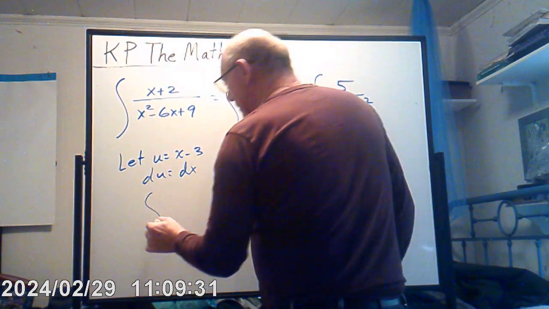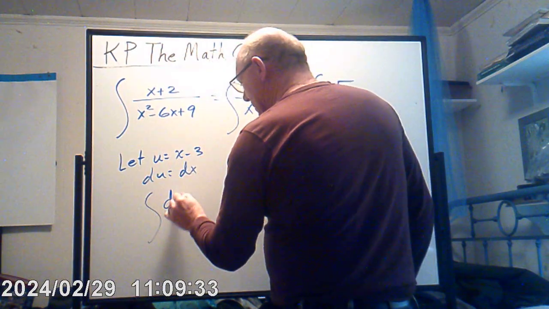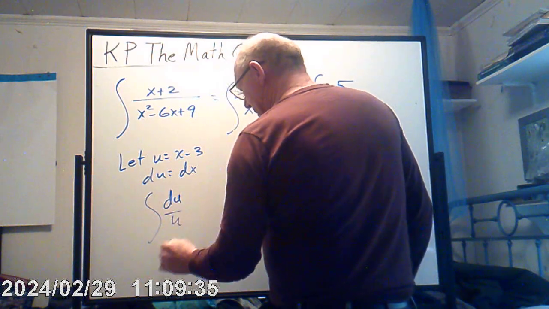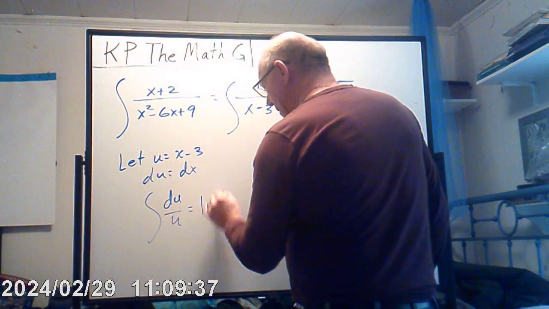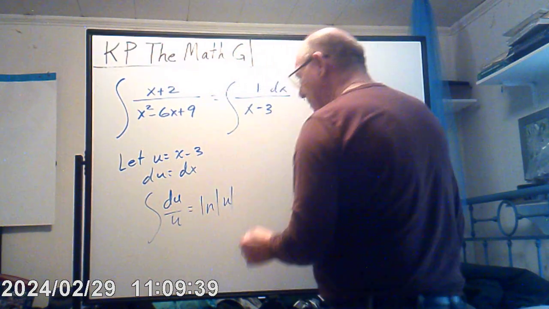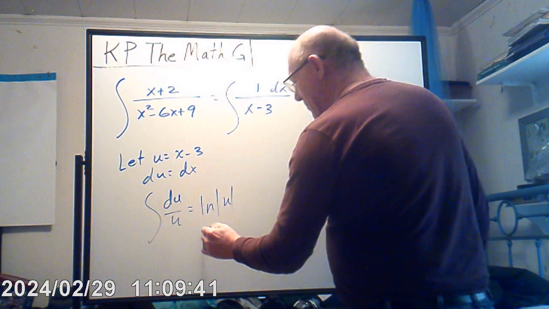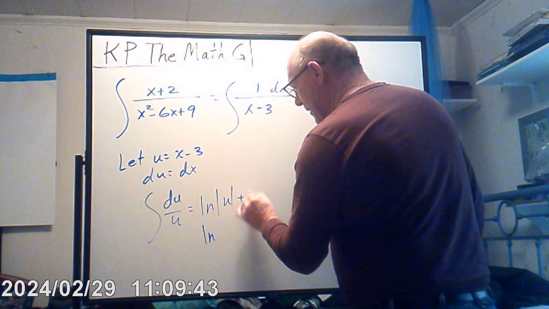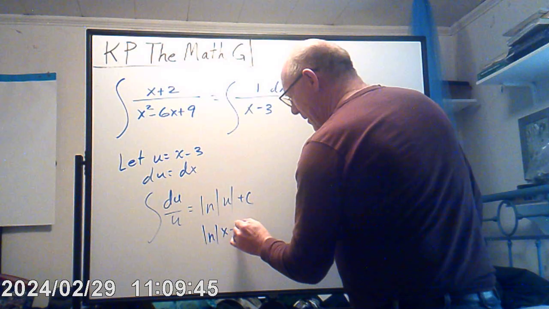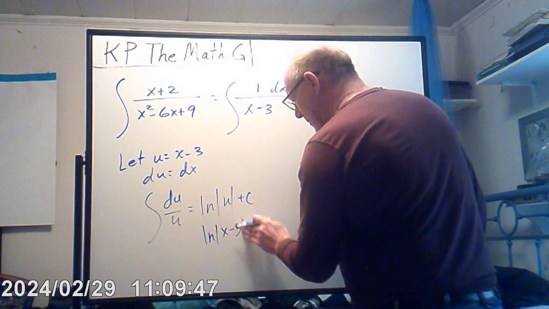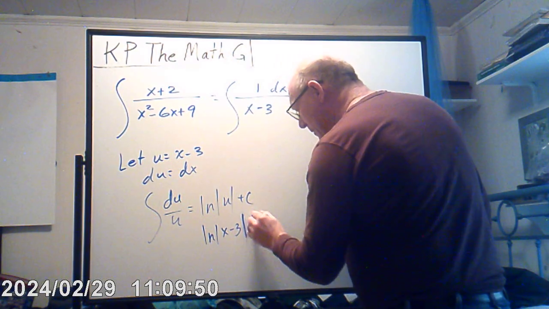If I did this, I would have du over u, which is equal to ln of u. But remember, u is simply x minus 3, so ln of absolute value of x minus 3 plus c.